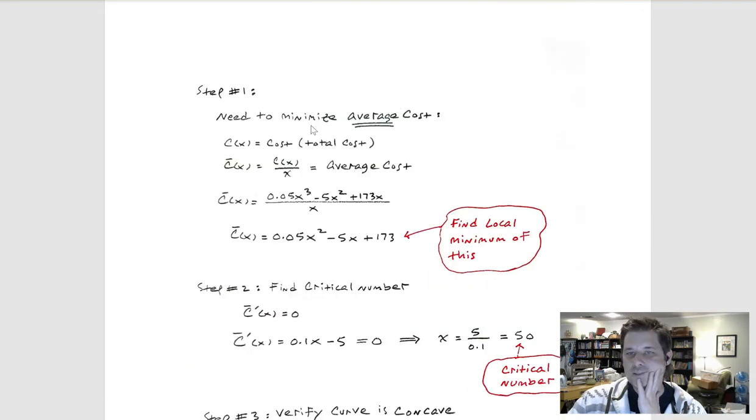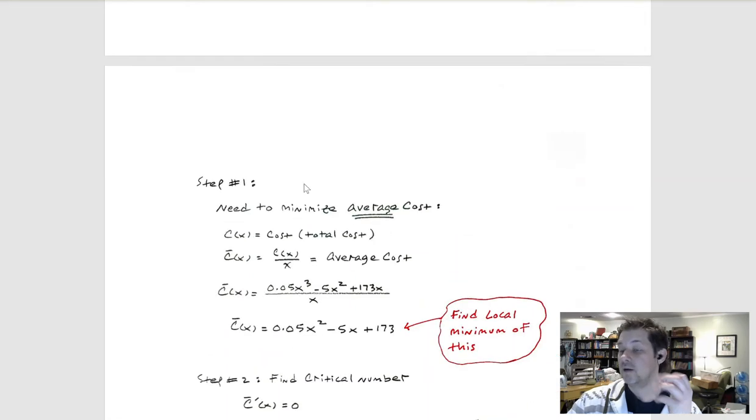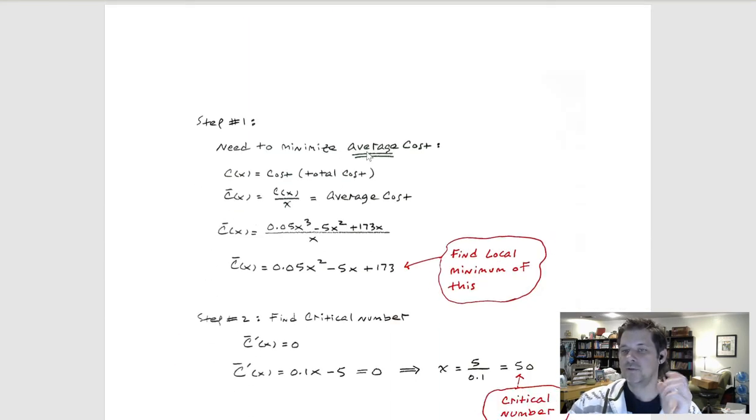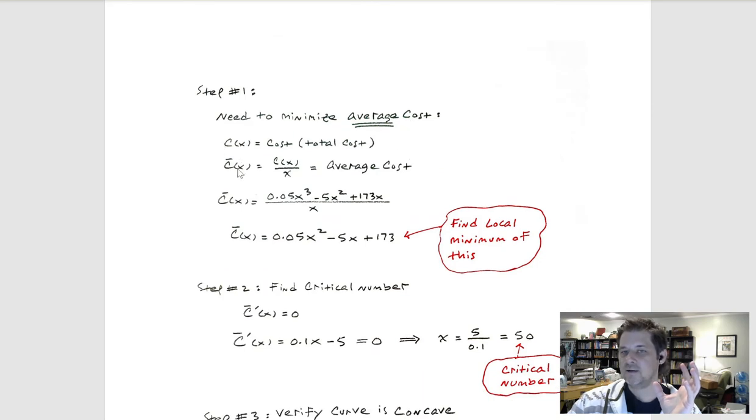So what I need to do is this. If we're going to minimize average cost, I need a function or formula that models the average cost. The way we learned to find that before, I think it was for one of the assignments for the first test, is we take the total cost function and divide it by x, which models the daily production, the number of units produced. So for average cost, I take the cost and divide by x.